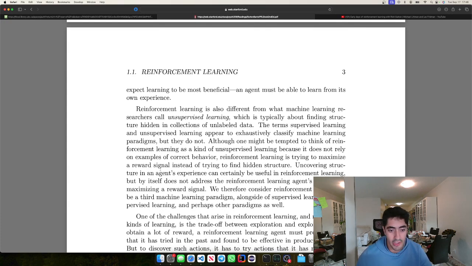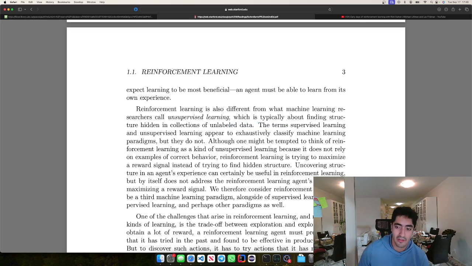Uncovering structure in an agent's experience can certainly be useful in reinforcement learning, but by itself does not address the reinforcement learning agent's problem of maximizing a reward signal. We therefore consider reinforcement learning to be a third machine learning paradigm, alongside supervised learning and unsupervised learning, and perhaps other paradigms as well. Yeah, let's read it.